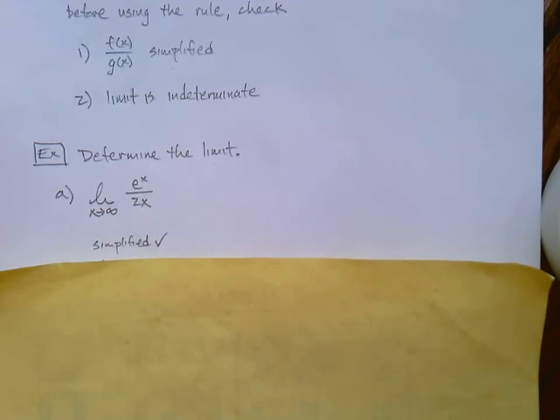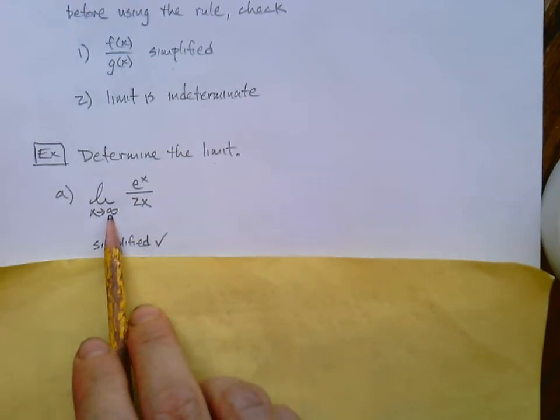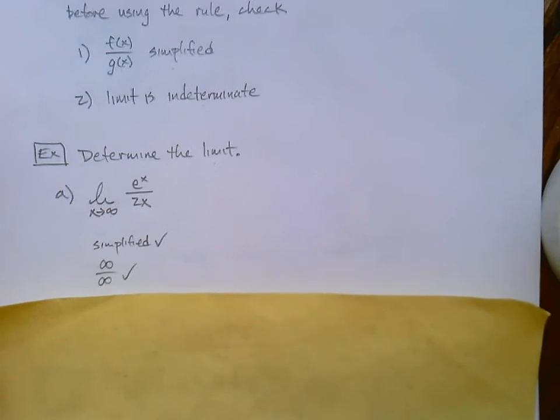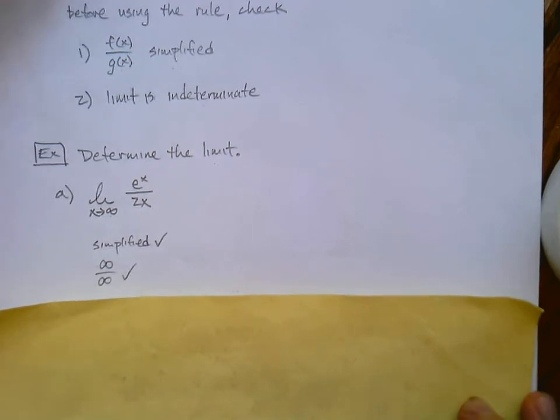There's no conjugate, no common denominator to clean up, any of that. There's nothing else I can do with this. It is simplified. Is it indeterminate? Does it really give us one of those forms? Well, sure. If we plug in infinity to both, that gives us infinity over infinity, and that's in the list. So it's good to go.